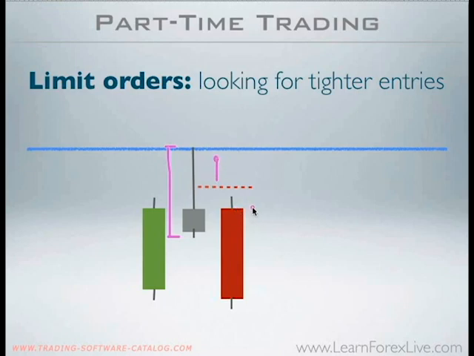I mean, not you, your limit order will never get hit, and therefore you will never be riding that potential down move. Okay, so anything between 30 to 50% is usually okay, but certainly nothing beyond the 50% level.